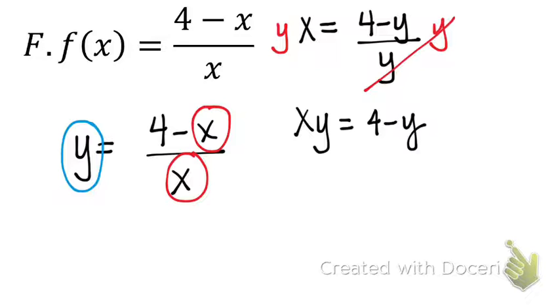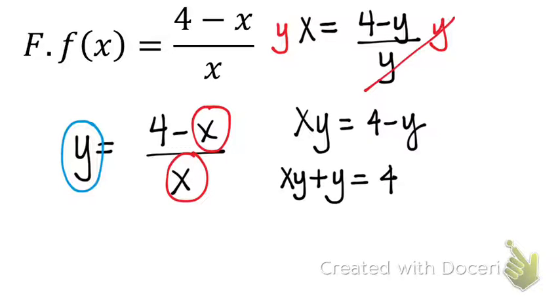And then you want to bring your y's on the same side of the equation. See how we have a y on the left and we have a y on the right. We need them to be on the same side. So I'm going to bring this y over. In order to bring it over, I need to add it. So when I add the y, that gives me xy plus y equals 4.